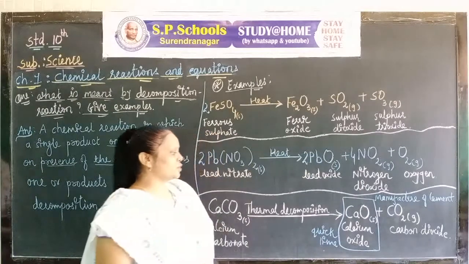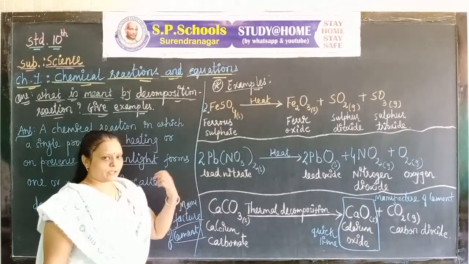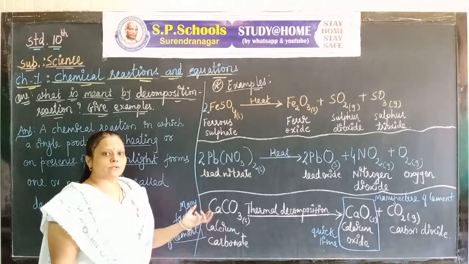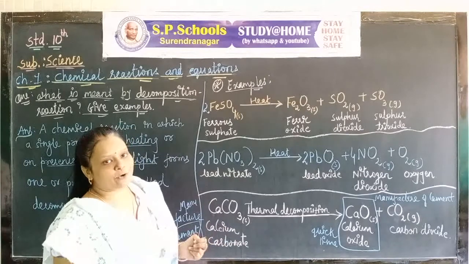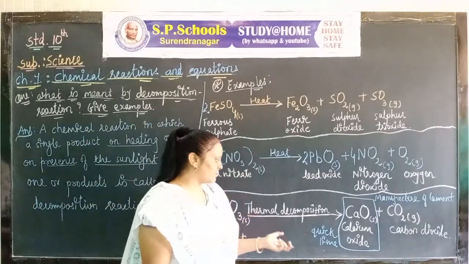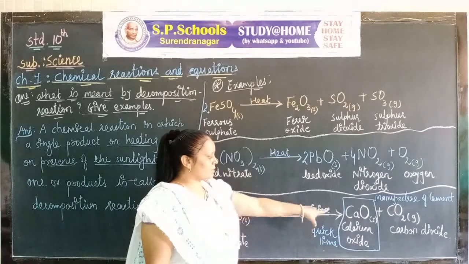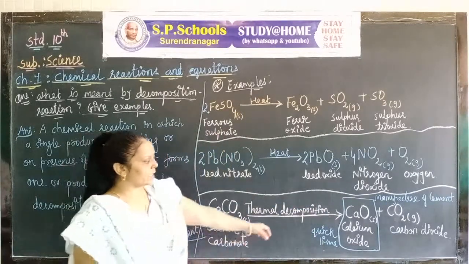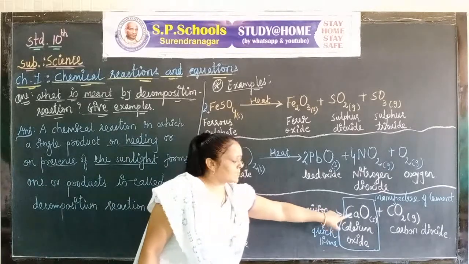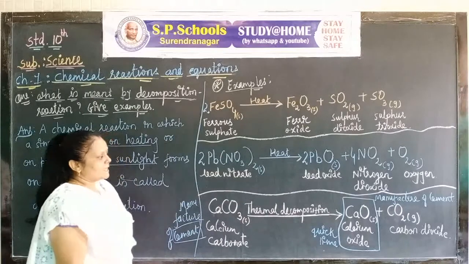I repeat the question: which compound or substance is used for the manufacture of cement? Write the formula. The answer is quicklime or calcium oxide. Its molecular formula is CaO.